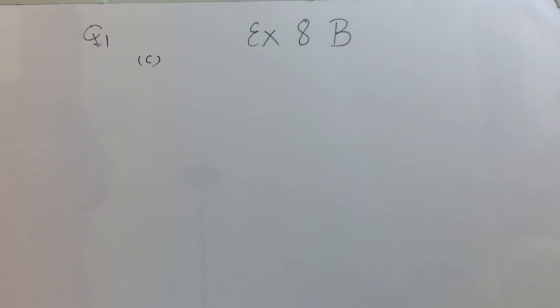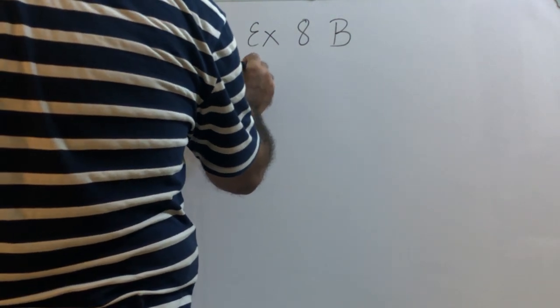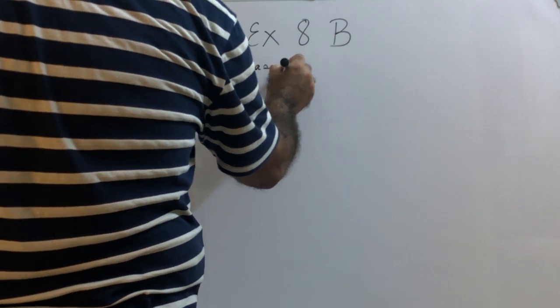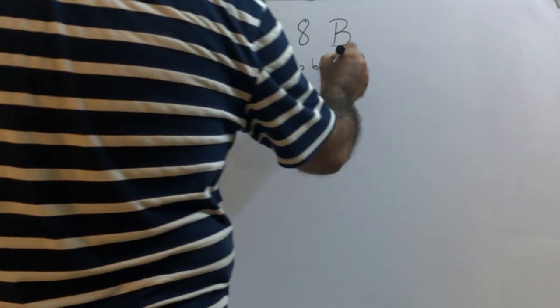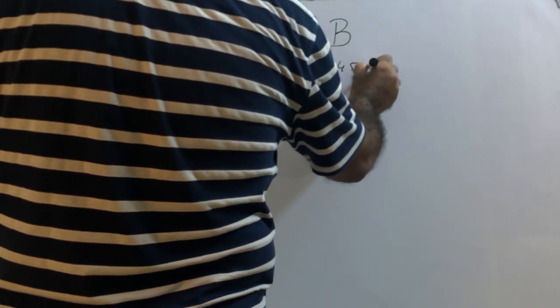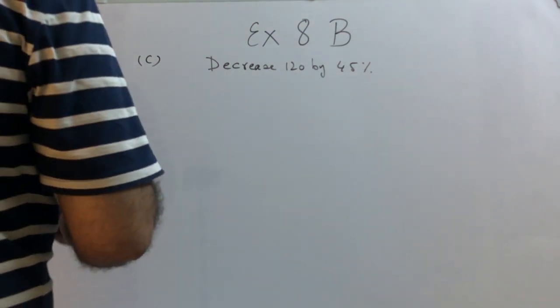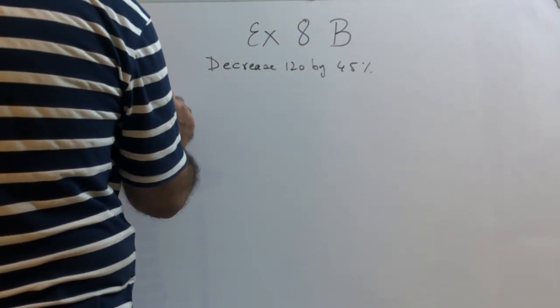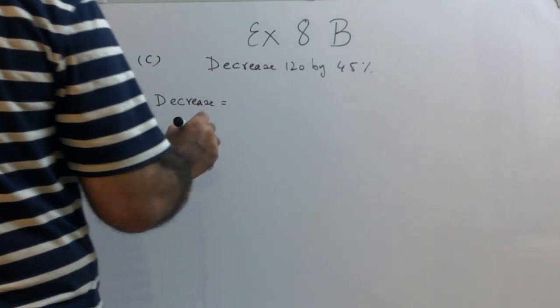Part C says decrease 120 by 45%. So the very first thing is that we need to know how much is 45% of 120. We don't know how much to decrease. First we need to know how much should be the decrease.